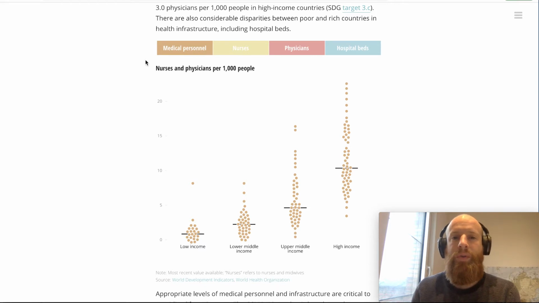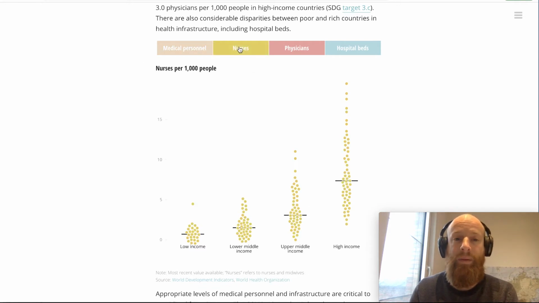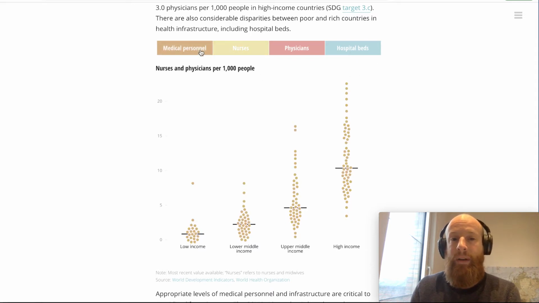But we wanted to show that health capacity is not only about medical personnel. In reality, the numbers are about nurses and midwives, about the number of physicians, but also the number of hospital beds. So we didn't just choose medical personnel, we added this extra data for people who might be interested in those other numbers.